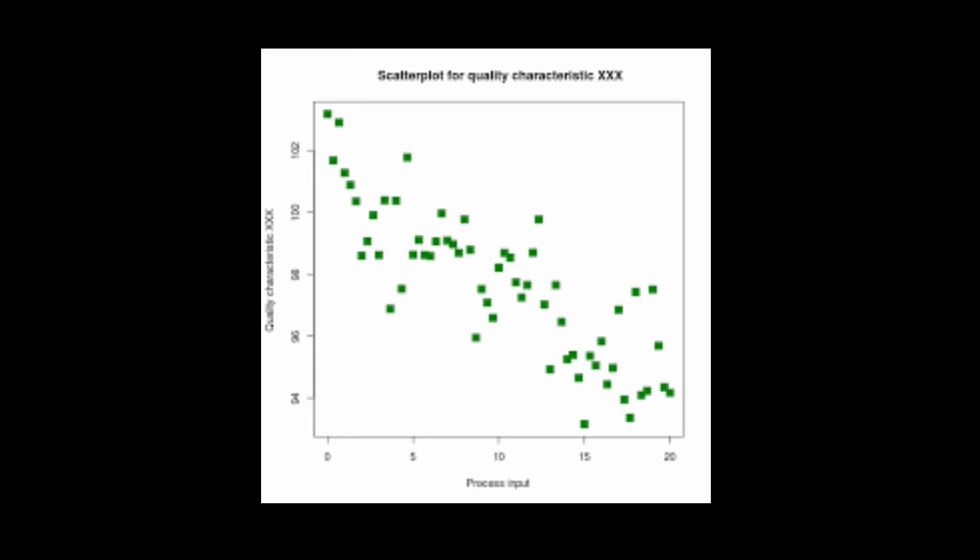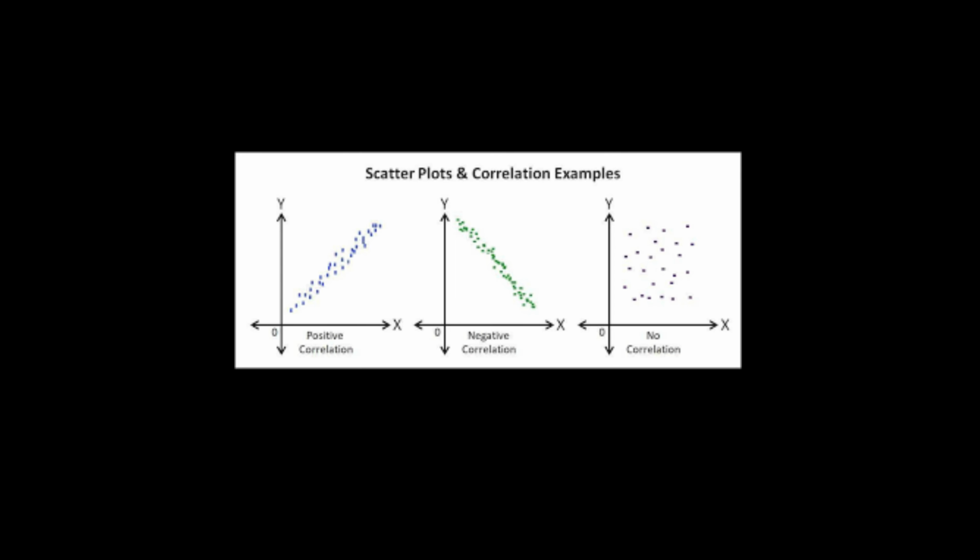So it's basically quality characteristics. The other part would be process input. The x-axis is your process input, and the y-axis is your quality characteristics. Okay, so this is what a scatter plot actually looks like. Remember, it's a relationship between two variables in a correlation.